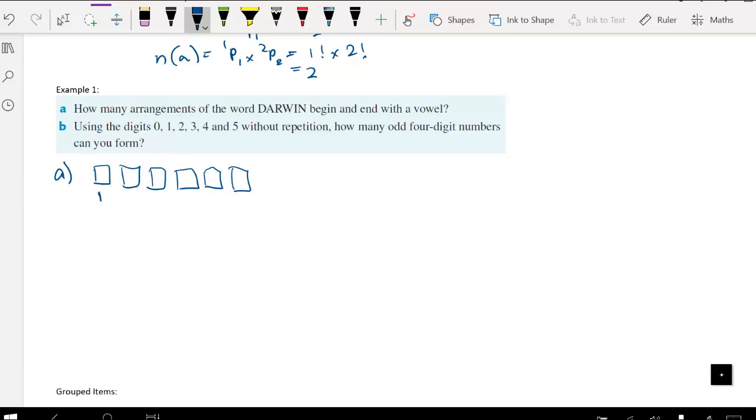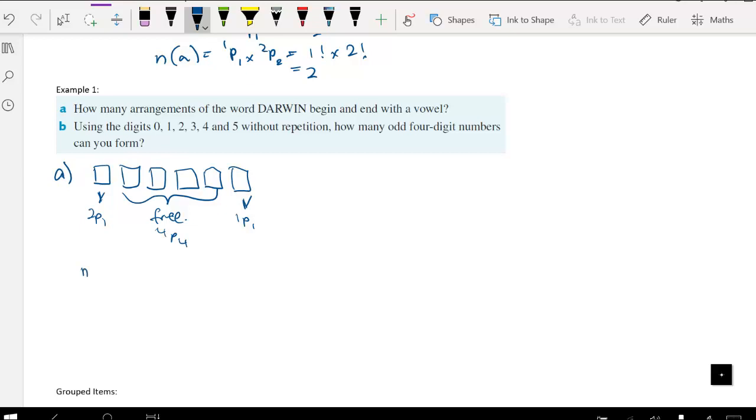The first and last must be a vowel, and everything else in between is free. We've got 2 vowels, so the first could be 1 out of 2, the last is 1 out of the 1 remaining vowel, and then the remaining is 4p4.